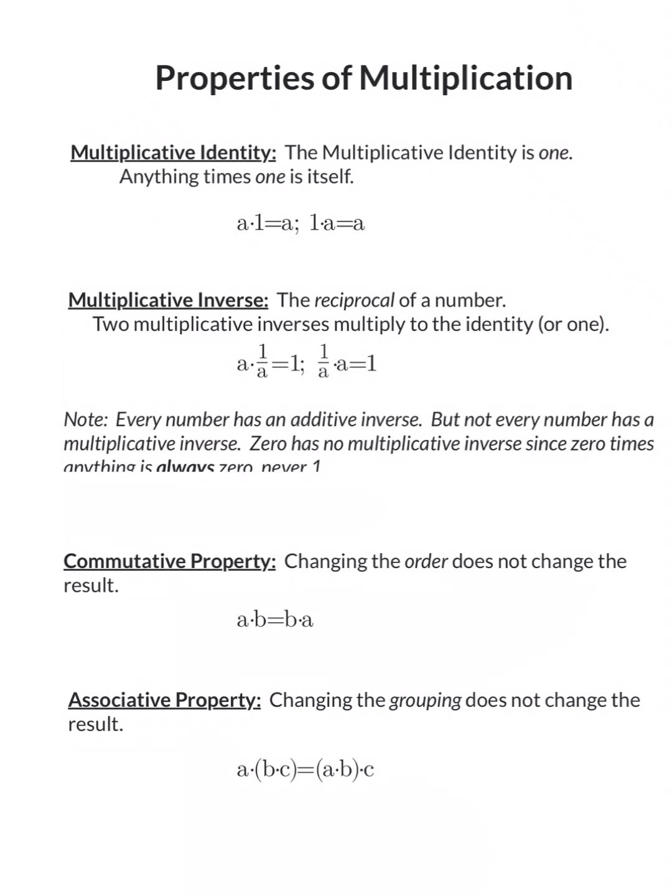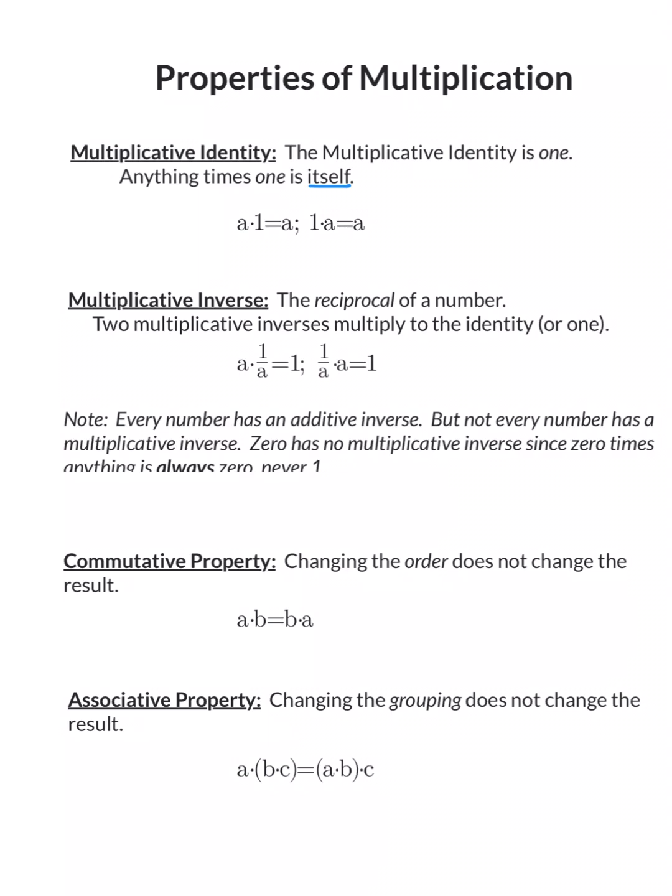The first one we have is the multiplicative identity. Remember that identity in terms of math means that it does nothing. Our multiplicative identity is 1. Anything times 1 is itself. A times 1 is A, 1 times A is A.